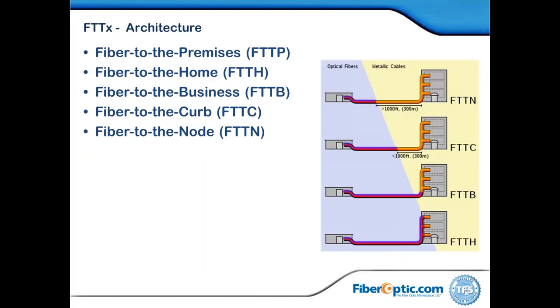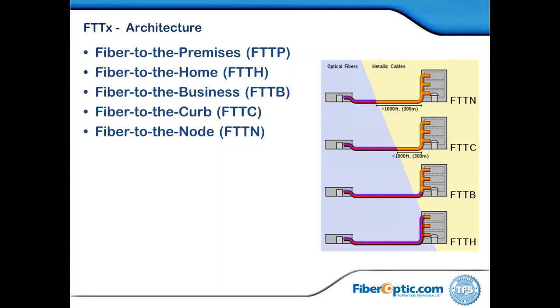Now here's back to that first slide where we put some terms to it. Our first term: you often hear fiber to the premises, and you'll see that depicted as FTTP. The little X is just a placeholder.